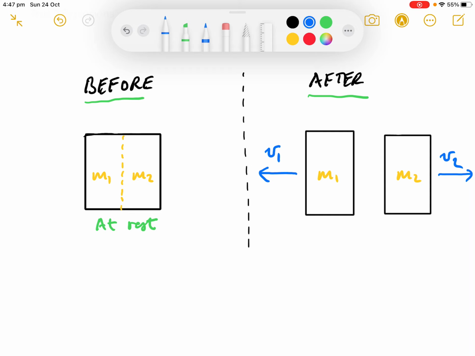Well, let this fragment be 2 kilograms and this smaller fragment, or lighter fragment at least, be 1 kilogram. And let's imagine that the right hand fragment goes off at 10 meters per second.